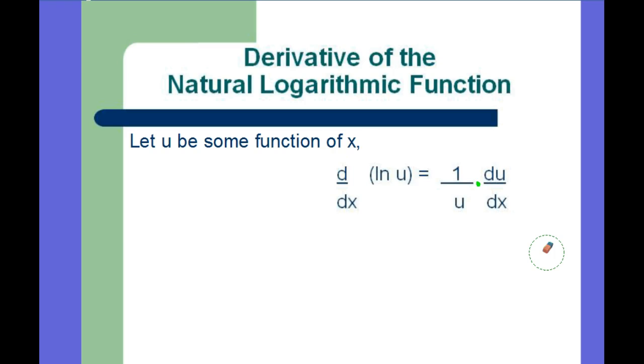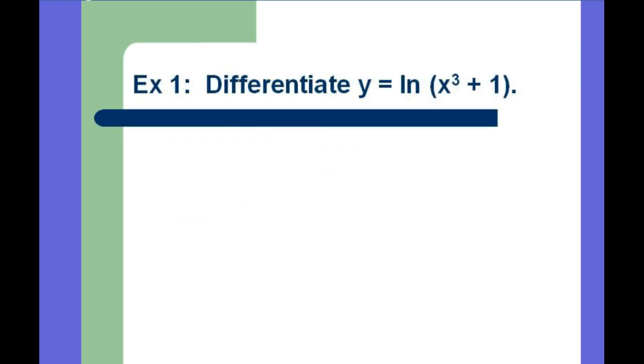So what that means is we need to look at problems and evaluate what this is. The inside function is my u. It's actually 1 over u. The derivative of x cubed plus 1 is 3x squared.